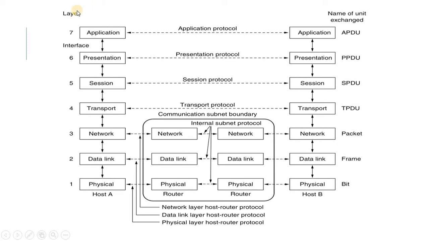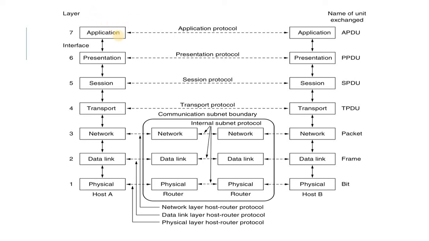Suppose the sender sends the data. On the sender side, the application layer is the first layer, because the sender directly touches applications like Gmail. If the sender wants to send data, the sender is directly in touch with the application layer.